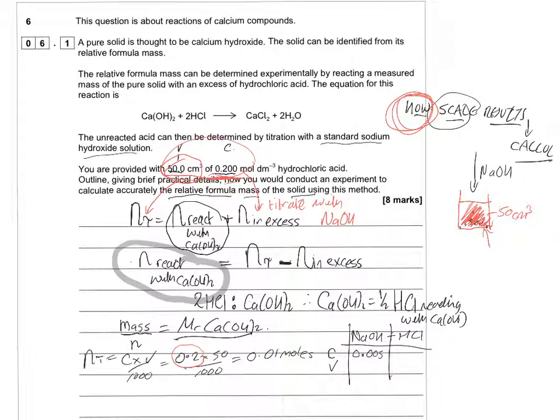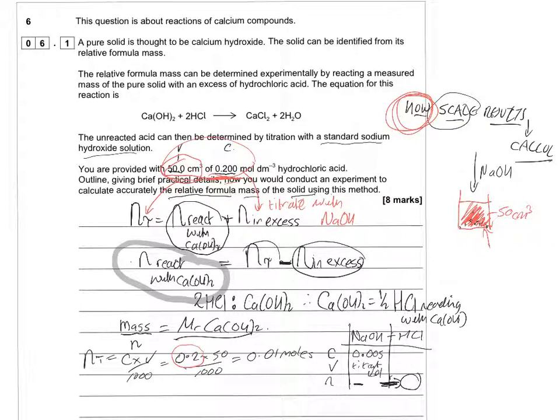We've got a fixed volume, so we know the titration volume, and therefore we can work out the number of moles of sodium hydroxide. The number of moles of sodium hydroxide that reacted with the hydrochloric acid now gives us this value here, the number of moles in excess.